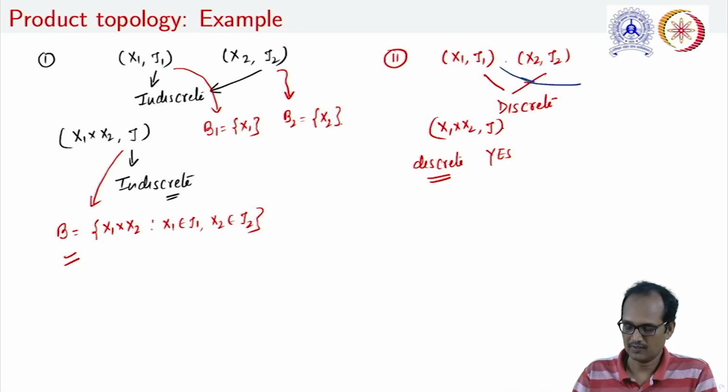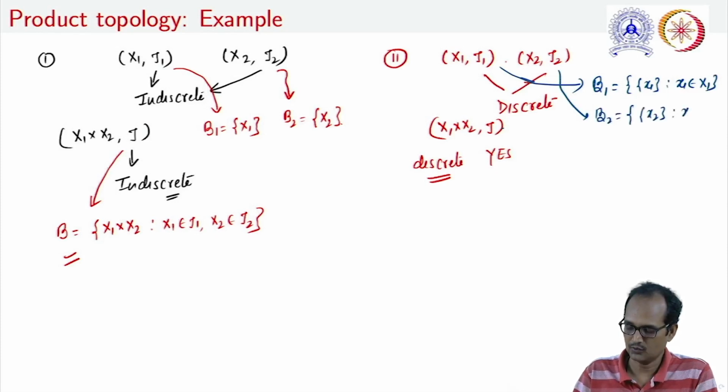How? The basis for this topology tau1, we already know that if this is discrete, that will be the collection of singleton subsets {x1}, x1 belongs to X1. Similarly, the basis for topology tau2 is given by the collection of singleton sets {x2}, x2 belongs to X2. Question is, what about the basis for this topology?